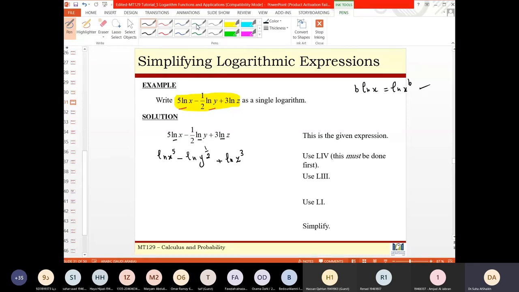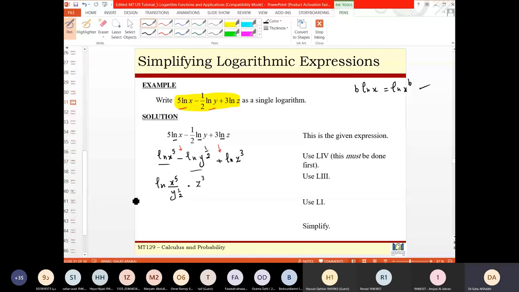Now I know that when I have a subtraction it means I have a division, and whenever I have addition it means I have multiplication, right? So this and this can be combined to be ln x to the power 5 divided by y to the power half, and this addition is a multiplication of z to the power 3, correct?